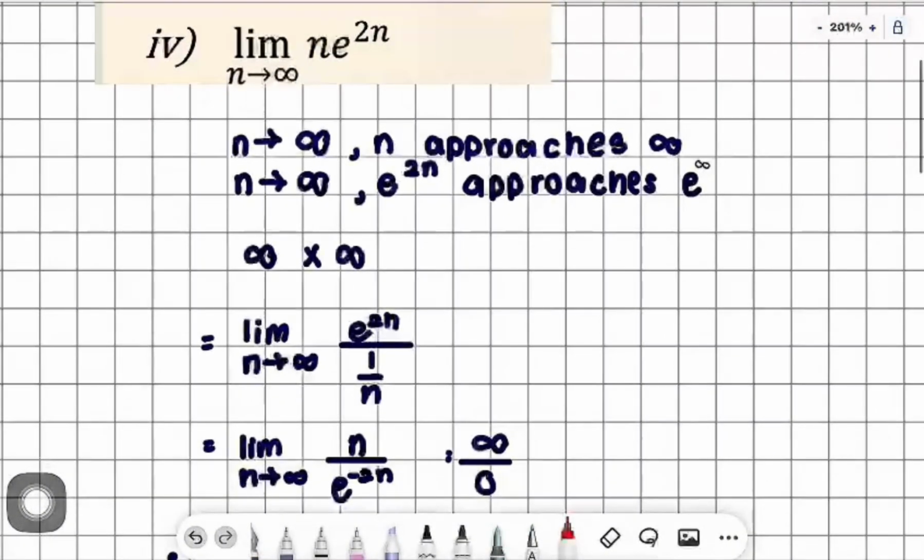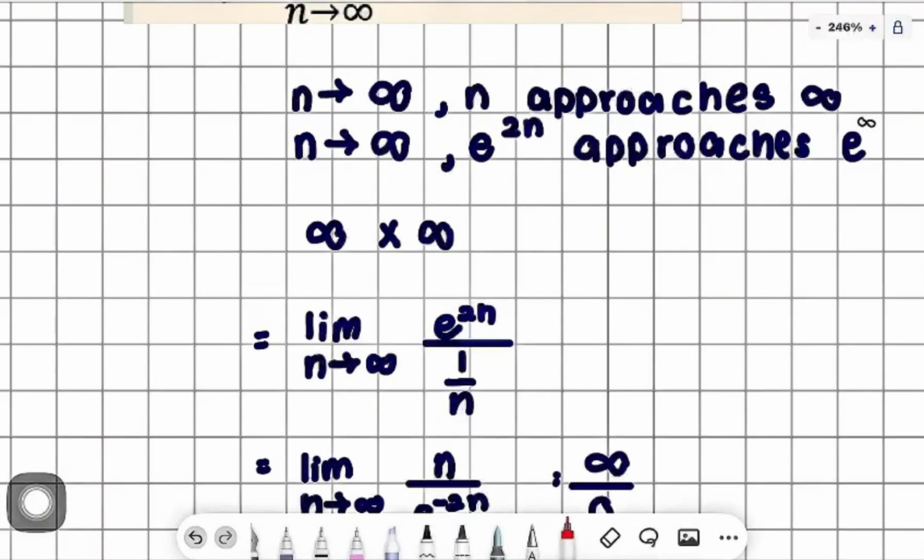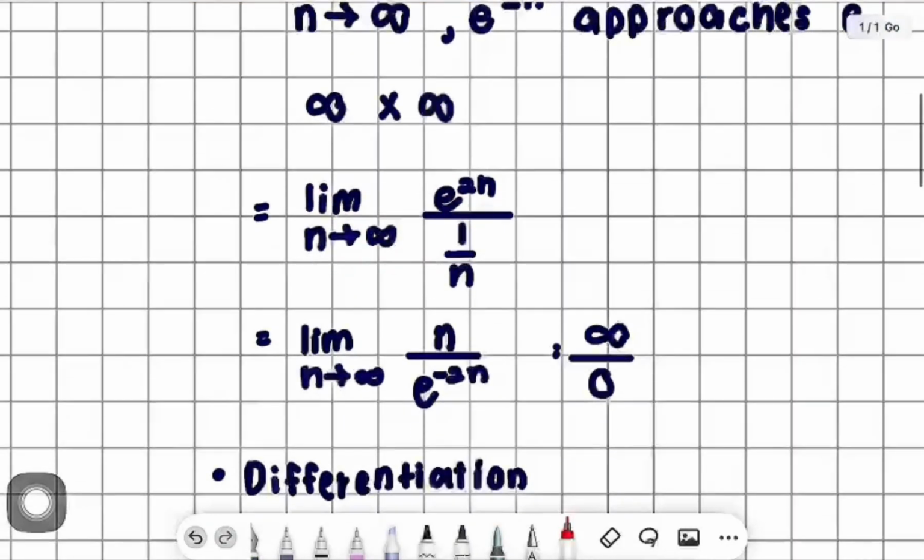As n approaches infinity, e to the power of 2n approaches e to the infinity. So the result will be infinity multiplied by infinity.